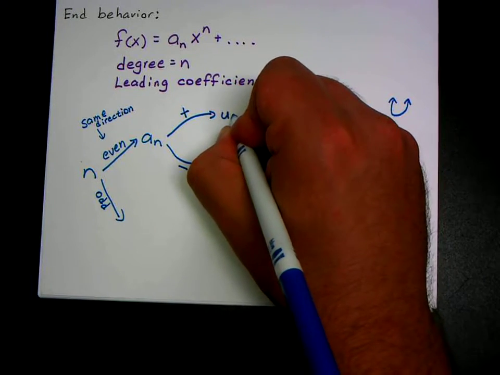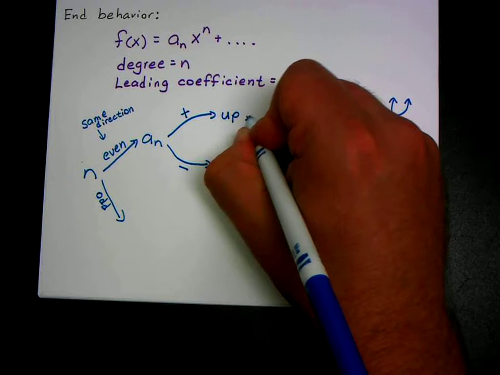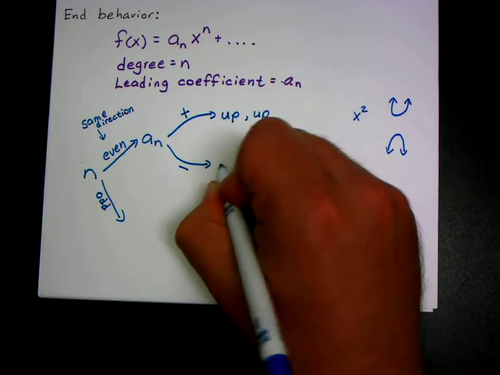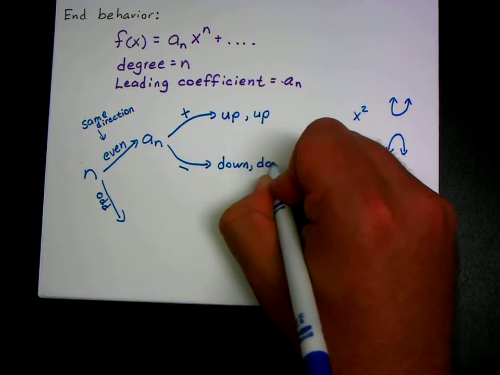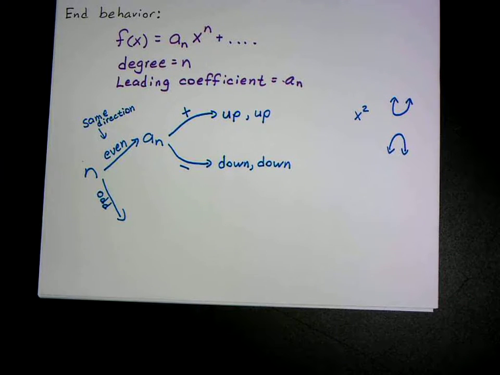If it's positive, it goes like that, right? So if it's even, they go in the same direction. And if it's positive, it goes up and up. If it's negative, it goes down and down. Okay, so odd would go in opposite directions.